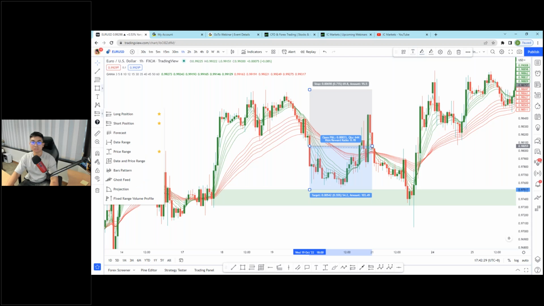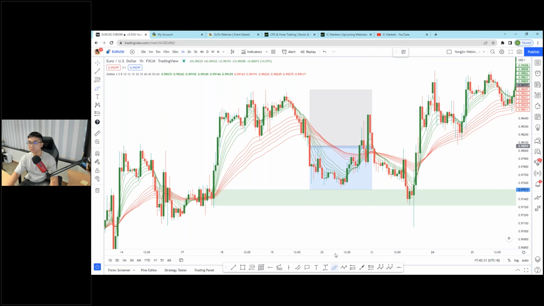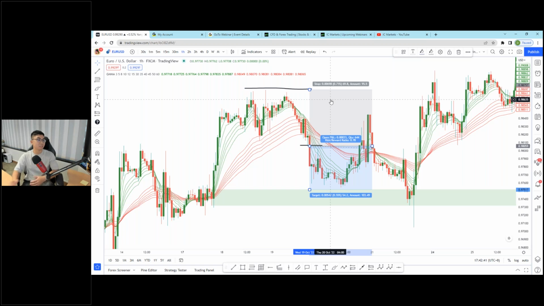So I'll just get the paintbrush out. If you enter right here when the crossover happened, with your stop loss at the very top, your risk to reward becomes negative 0.78. So this is not a good trade setup.